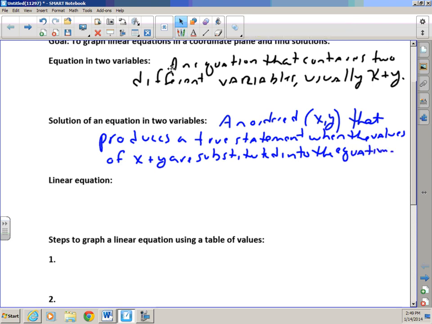Finally, a linear equation, and you can see built into the word linear is the word line, is an equation whose graph is a line.